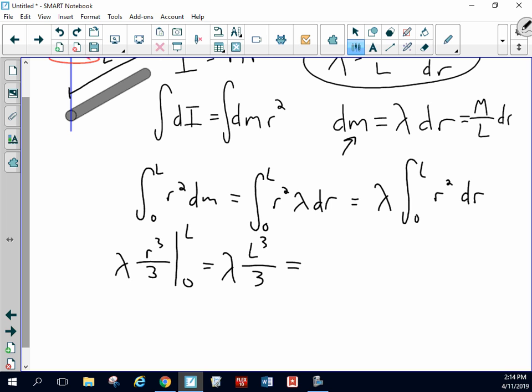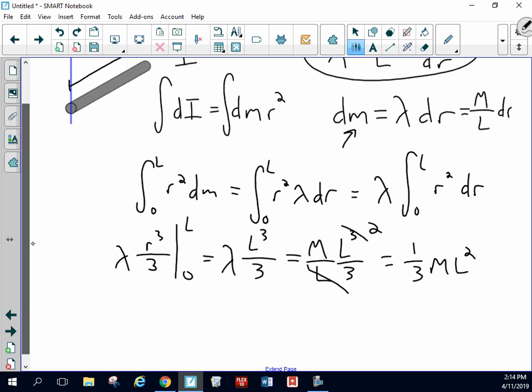And because lambda is equal to m over L, we can say m over L times L cubed over 3. And like will always happen with these, cancel one of the length quantities, and we get 1/3 mL squared.